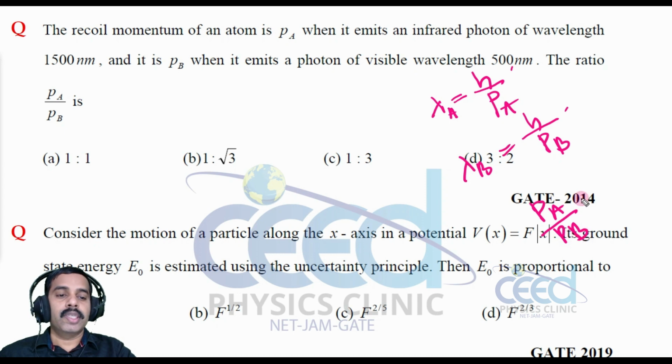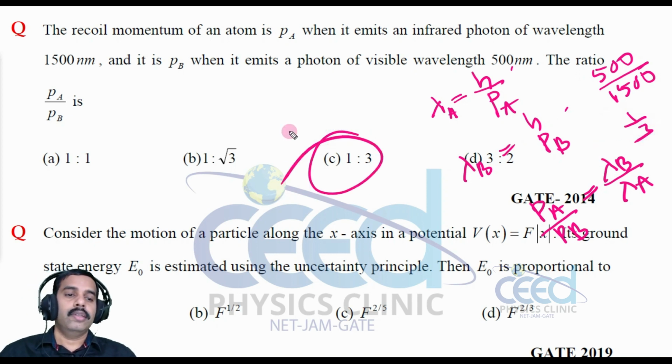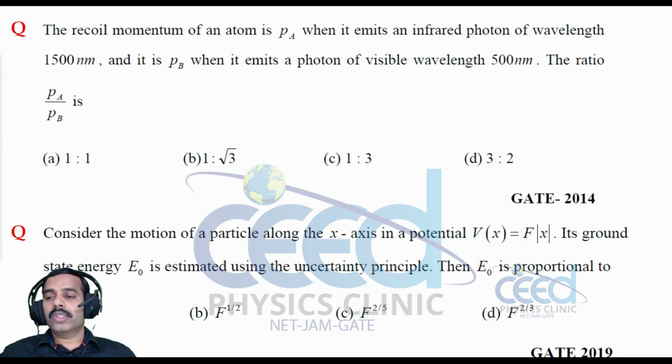Pa by Pb is equal to lambda b divided by lambda a, that is 500 divided by 1500, which is equal to 1 by 3. So option C is correct. Now we have another question.